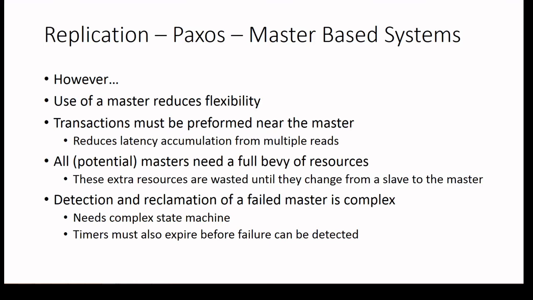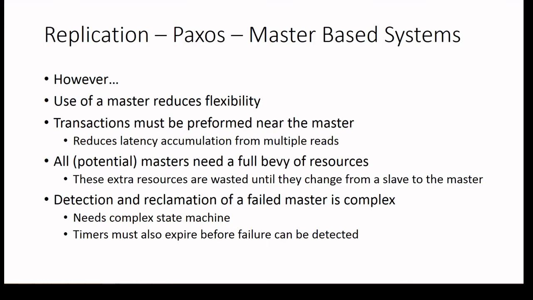In addition, masters have to be big. They have to be powerful because they have to do a lot more. They have to handle a lot more communication, a lot more traffic than non-master nodes. So all of your potential master nodes need more resources. It means better hardware, more memory, faster network, better CPU, all that sort of stuff.